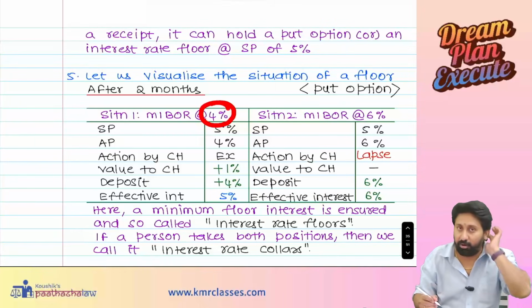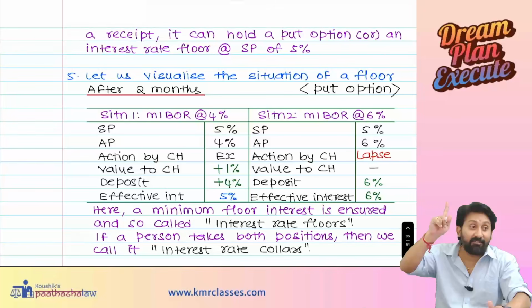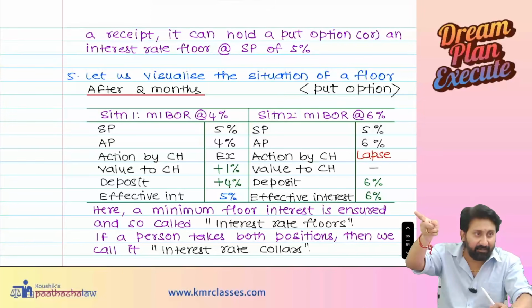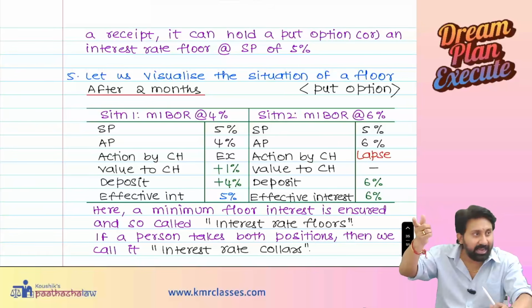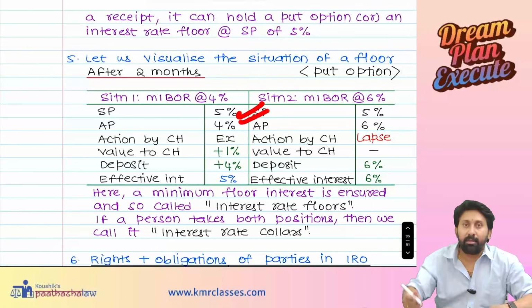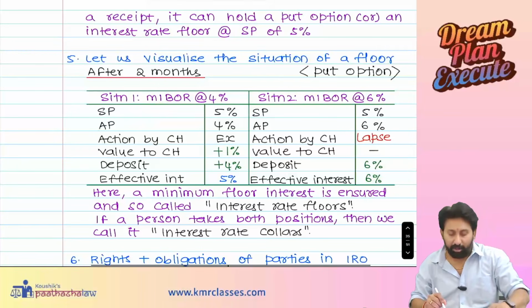MIBAR turns to 4. MIBAR turns to what? 4. If MIBAR turns to 4, in real FRA, what you will do? You will sell at 5, you will buy at 4, you will make a gain. Same here. SP is 5, AP is 4.